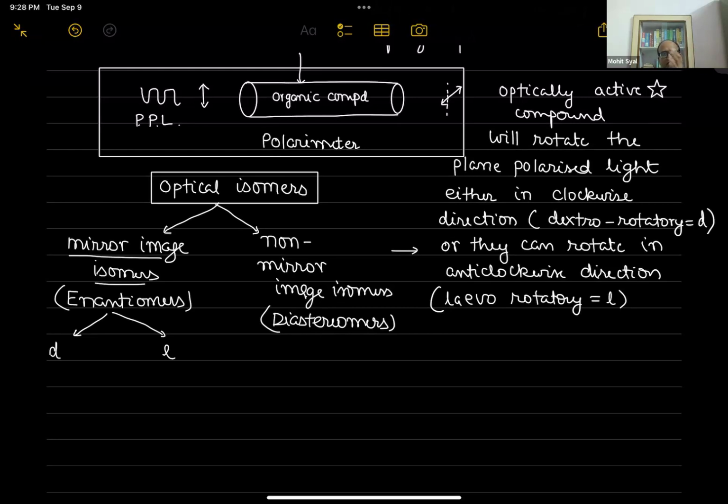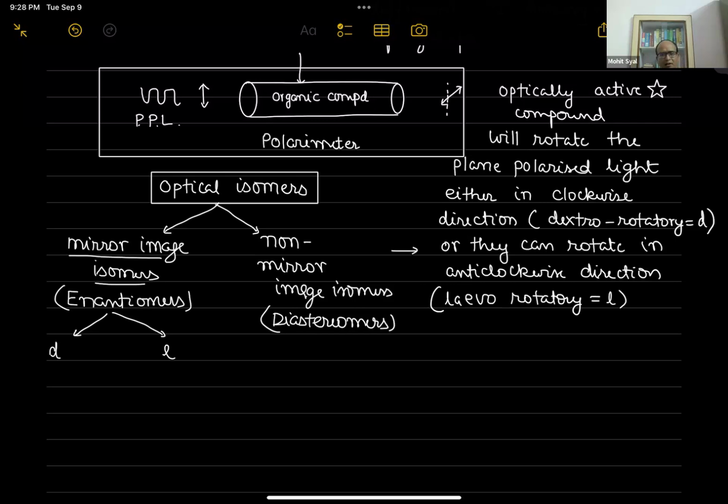Got it? So you need to check through a polarimeter. A polarimeter can help us make out whether the compound is optically active or not. If it doesn't affect the plane polarized light, it is optically inactive. If it rotates the plane of polarized light, then it is optically active.